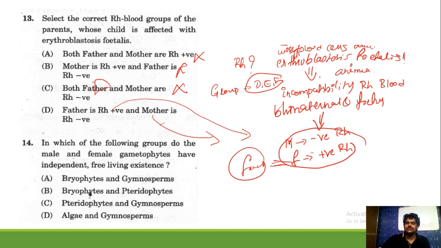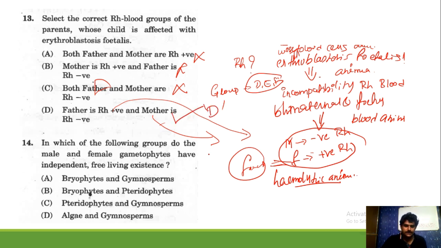It is also called hemolytic anemia. Okay, so this is about the 13th question. The answer will be D. D is the answer. Okay, next we will move on to the next question.